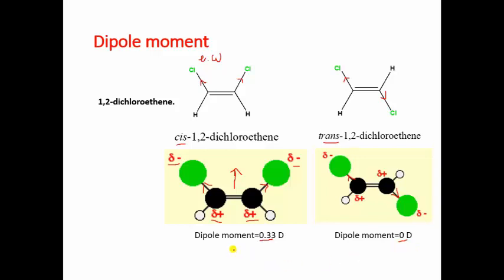So we can also say the cis isomer is polar and trans is non-polar.